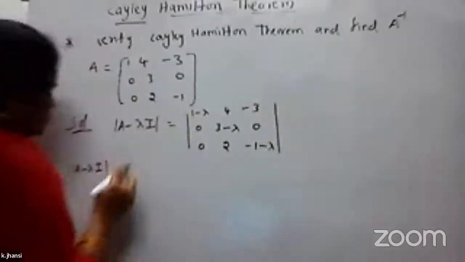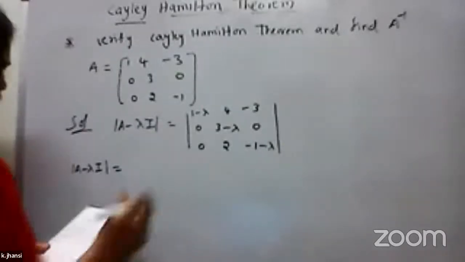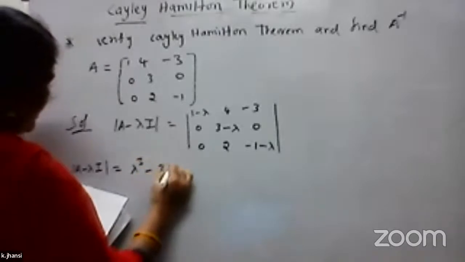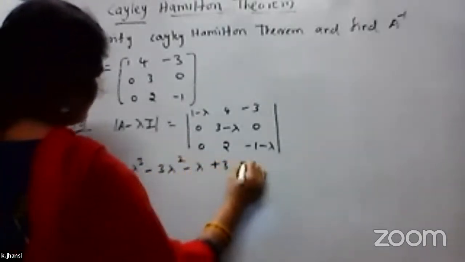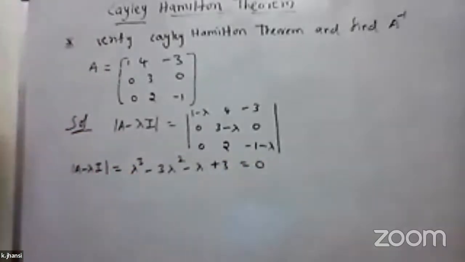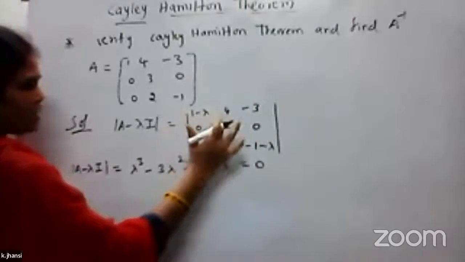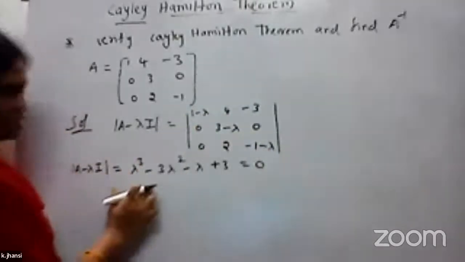Okay, so whatever value is there, you will get it as lambda cube minus 3 lambda square minus lambda plus 3, and this is equals to 0. When you do the multiplication of 1 minus lambda into 3 minus lambda and simplify this, this is the equation.